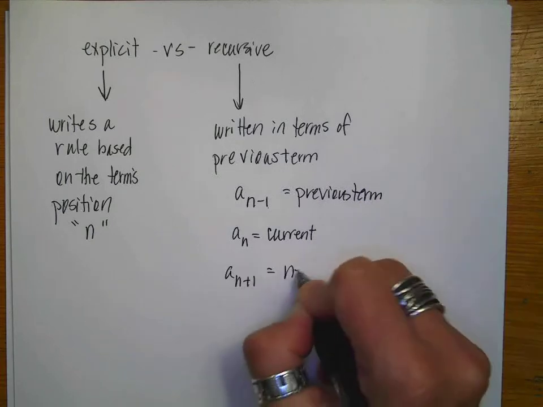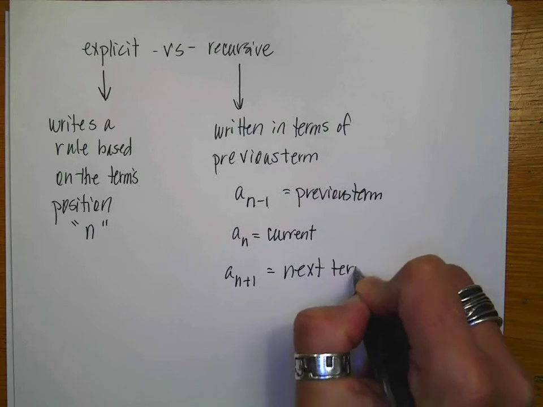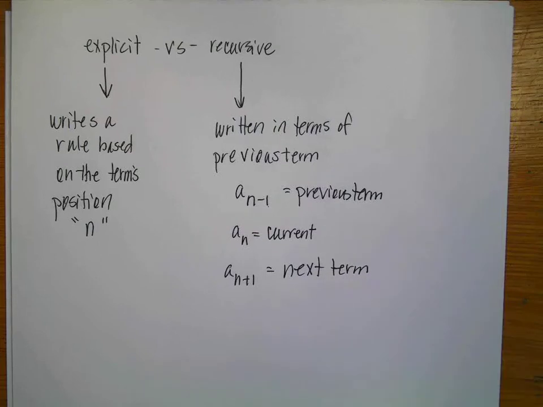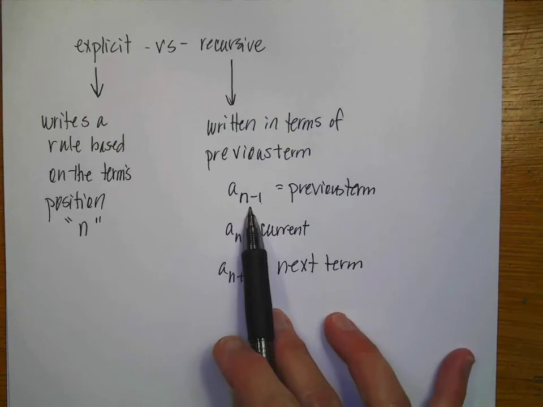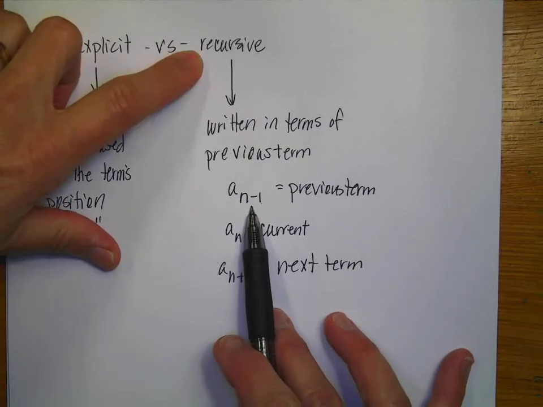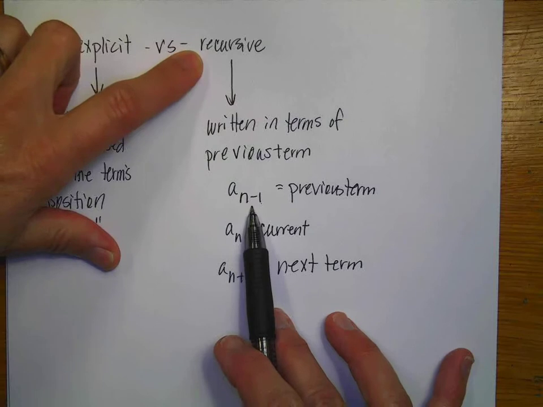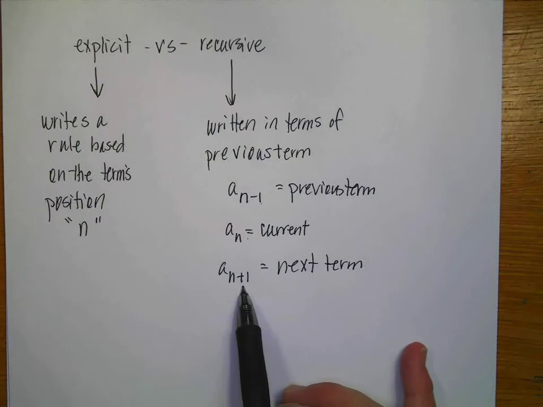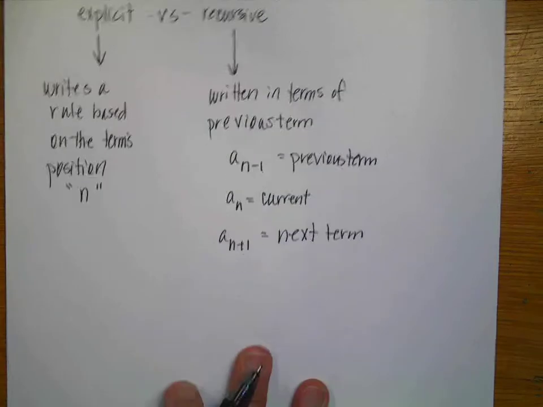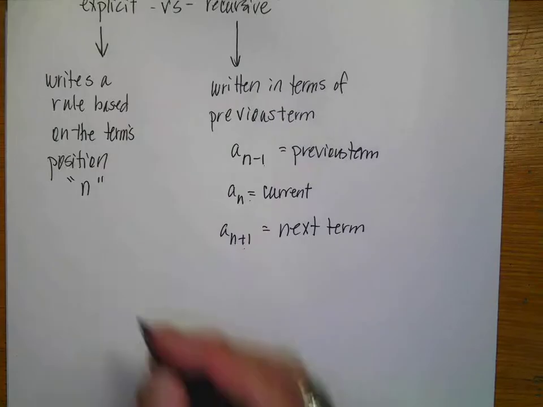And just for posterity, a sub n plus 1 would be the next term. So that's kind of handy to get your vocabulary down. A sub n is the current. A sub n minus 1 is a previous term. And a recursive formula is written in terms of, sorry, there's a lot of T's, the previous term. A sub n plus 1 is the next term.